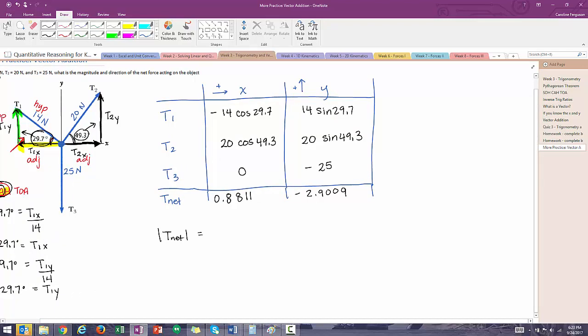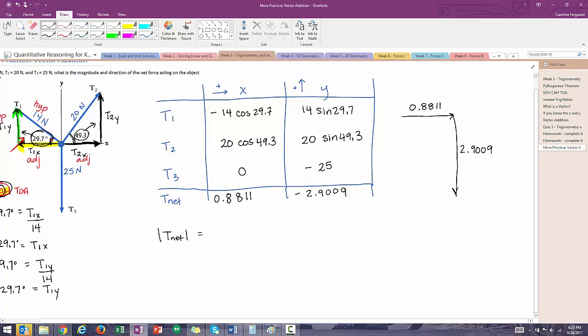My x component is positive, so that vector is going to the right, and it's 0.8811 newtons long. My y component is negative, which means that vector is pointing downwards, and it's 2.9009. You can put the negative there or not, it doesn't really matter, but I'm just showing that the vector is pointing downwards, because it's negative.